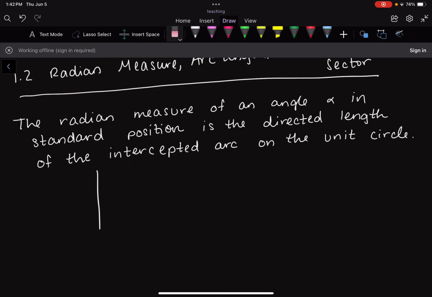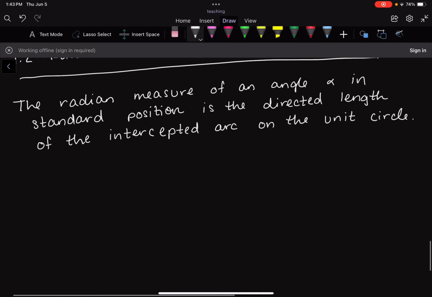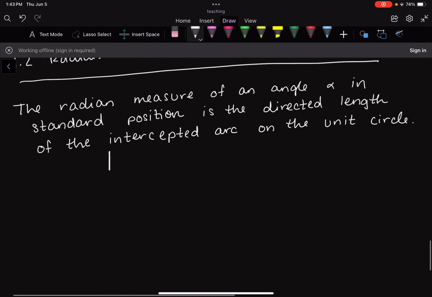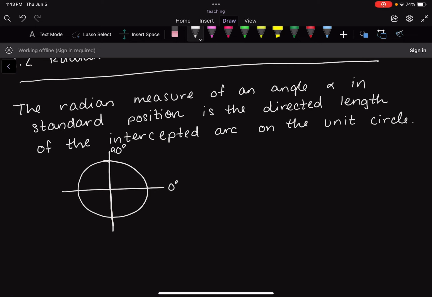So let's go ahead and draw what's happening here. So first, we're going to go ahead and start off with a circle. I'm just going to go ahead and draw a normal circle. And I want us to remember that this is 0 degrees, this is 90 degrees, this is 180 degrees, 270 degrees, and we do wrap back around to 360 degrees.